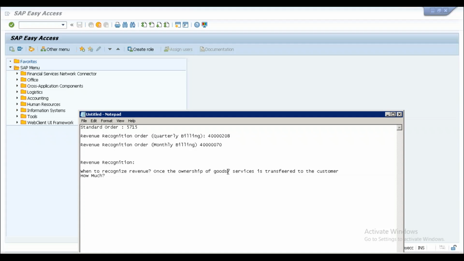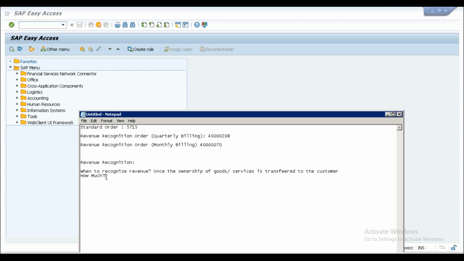Let's say I bought a new data plan today. The company is not going to book the revenue today itself. They have to wait till the month end. Normally, this revenue is recognized at the month end when it comes to the service. There are still some exceptions, we'll talk about that. But just understand this line: the ownership of goods or services must be transferred to the customer before the revenue is booked.